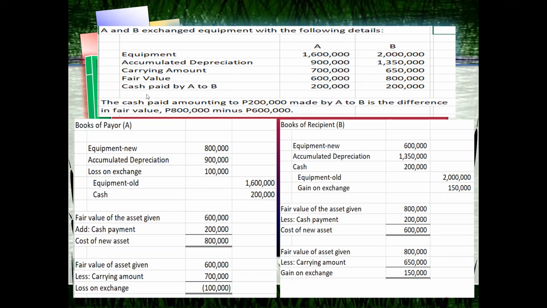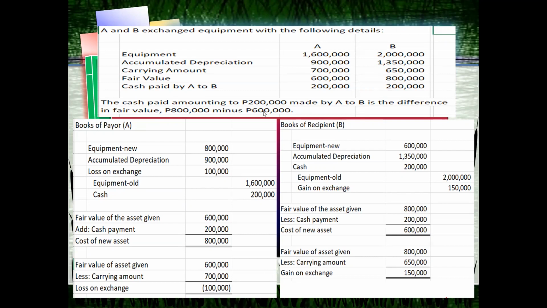A paid to B an amount of 200,000. So ito yung details ng equipment ni B na ang cost niya ay 2 million, the accumulated depreciation ay 1,350,000, carrying amount is 650,000, and the fair value is 800,000. So yung amount na binayad ni A, of course, yun yung amount na na-receive ni B.